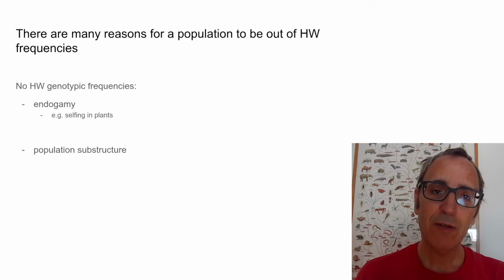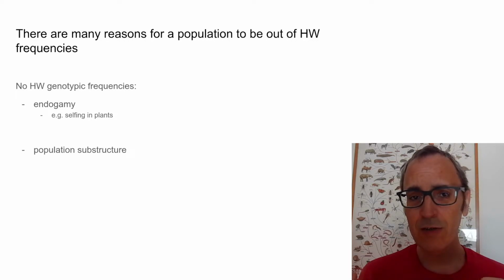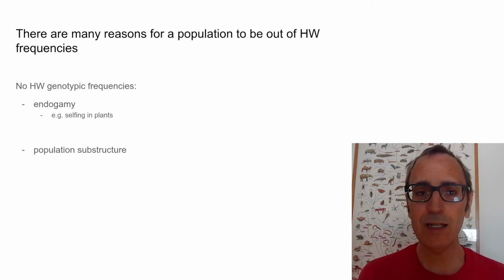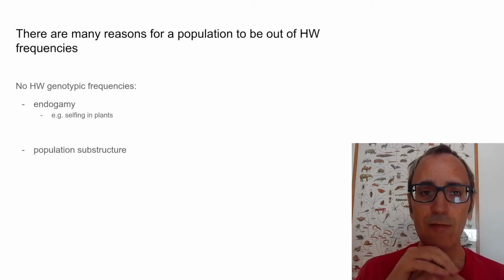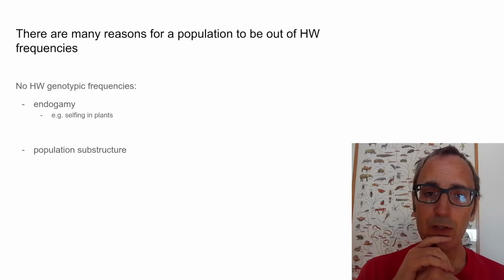Let's think about what happens if in a population we have endogamy. So we don't have panmixia. That means that reproduction is not completely random. For instance, in the case of plants, you have endogamy if you have self-pollination. Or also you can have population substructure.